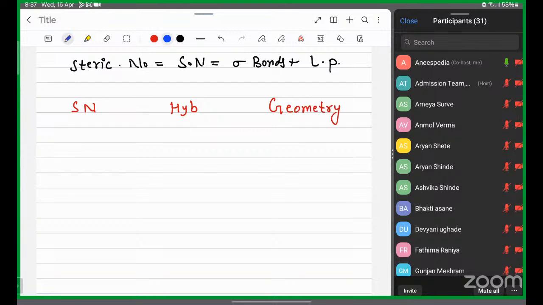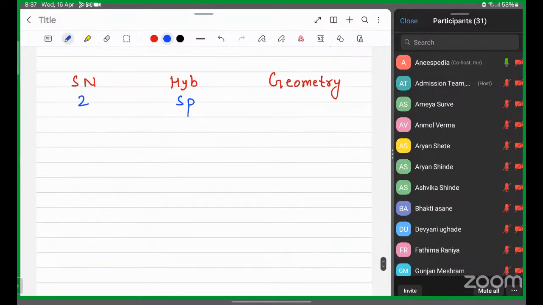So if steric number is 2, hybridization will be sp, and in that case geometry is linear. Angle will be 180 degree. So if we have, let's say, B atom, A bond, this angle will be 180 degree.